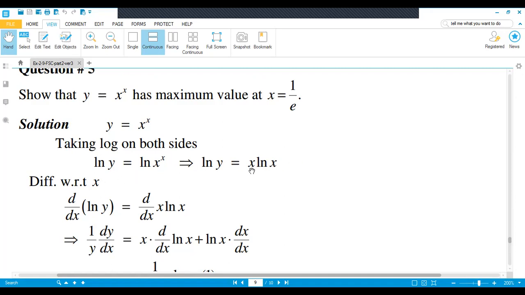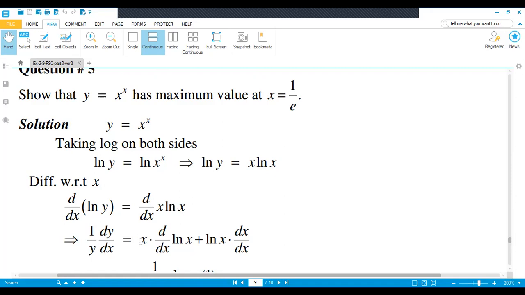Here, if you check, x natural log of x is given in the form of a product, so we apply the product rule. We differentiate natural log of y with respect to x, and differentiate x into natural log of x with respect to x. So the derivative of natural log of y is 1 over y times dy by dx.